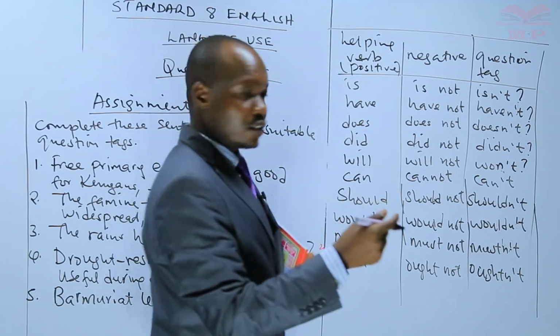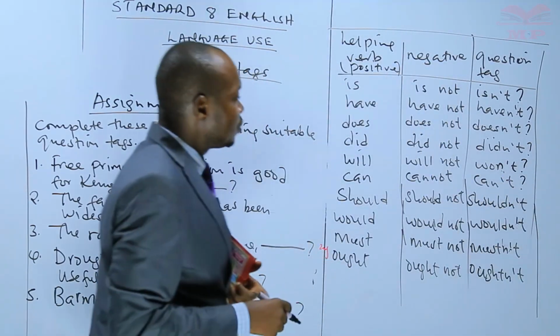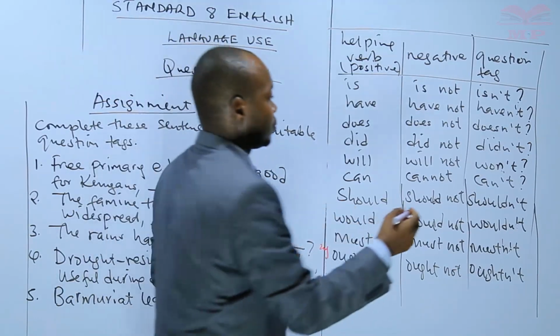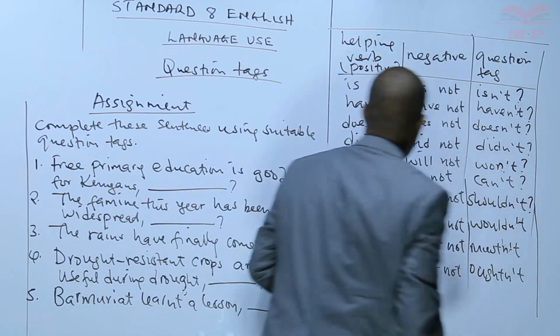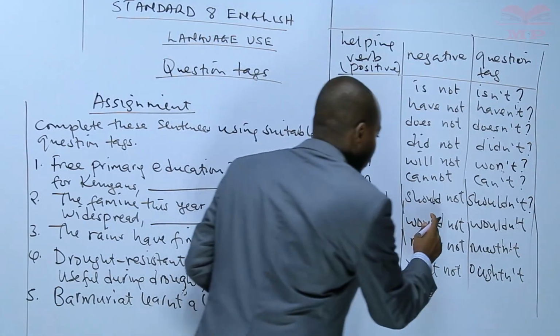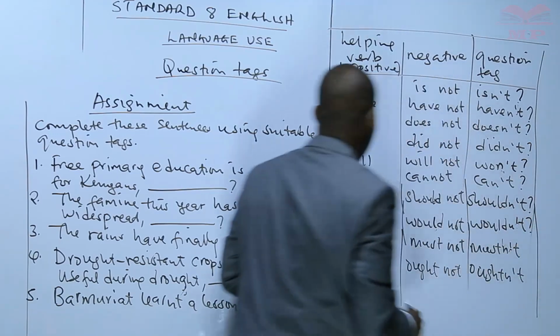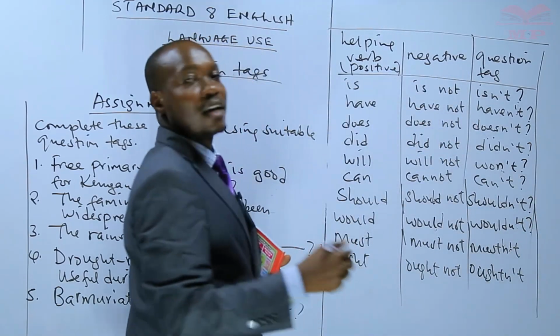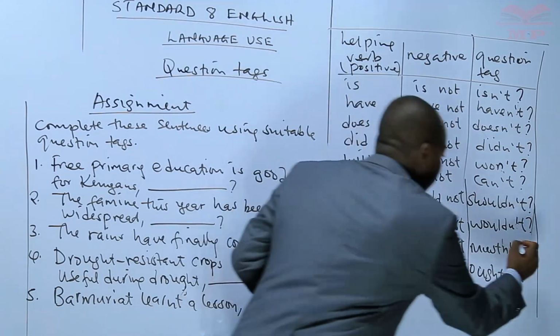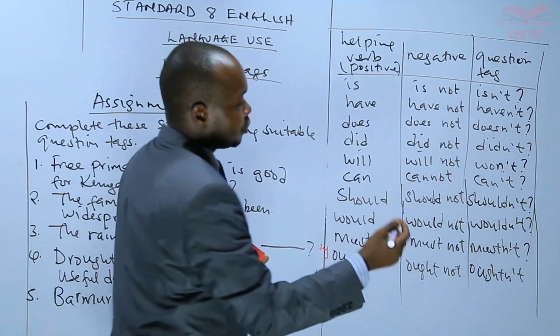Cannot, can't you. Should not, shouldn't you. Would not, wouldn't you. Must not, mustn't you. Ought not, oughtn't you.